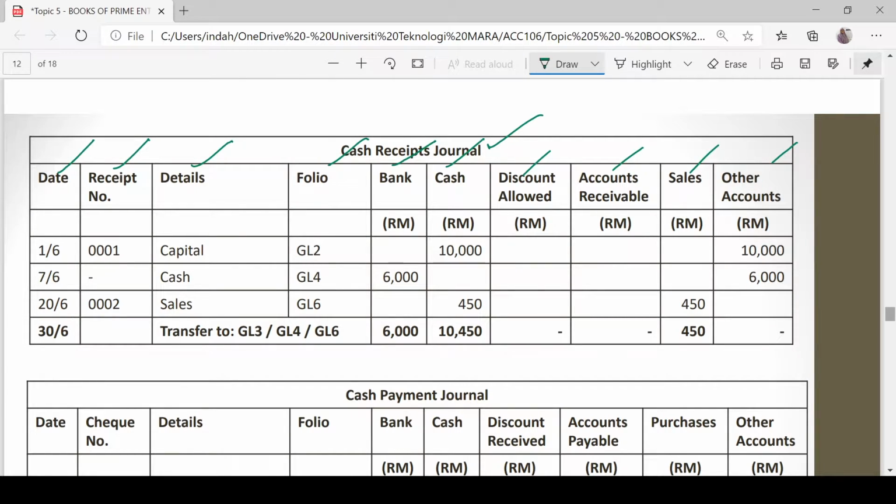Basically, we can say that the journal is divided into two parts. The first part is to record the amount of cash that we receive, and the other part is the purpose, or the other account. How much do we receive?